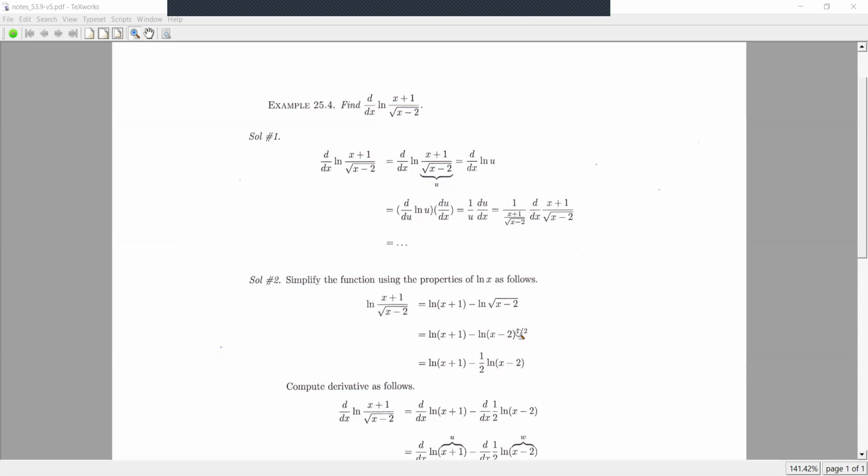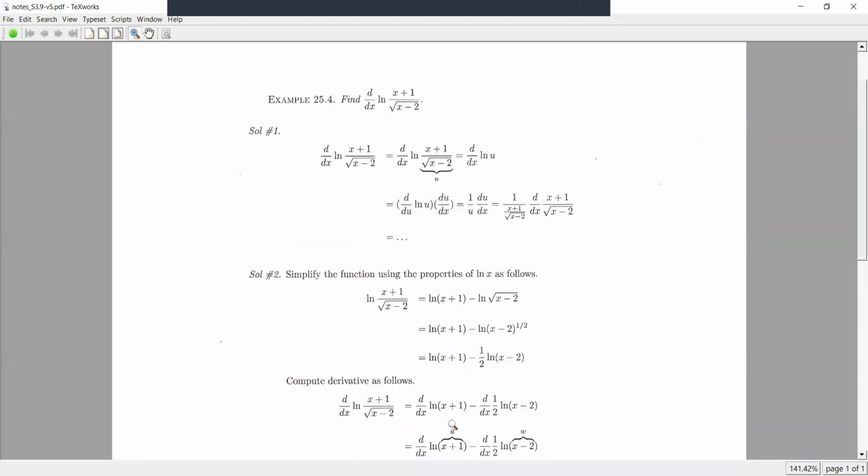We can move down the power to the front. Now, the function here is simple enough. Take the derivative on this function and on this function. Then I have this equation.